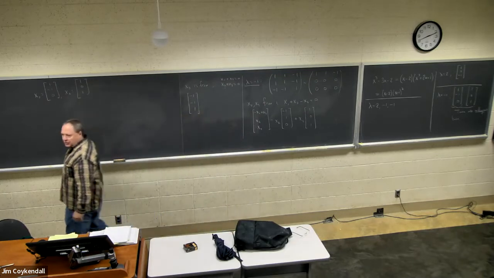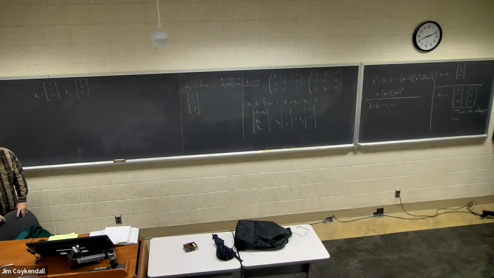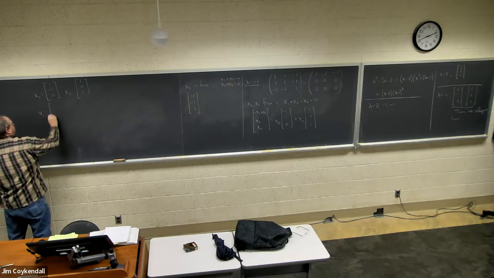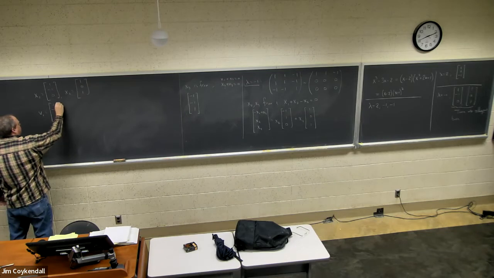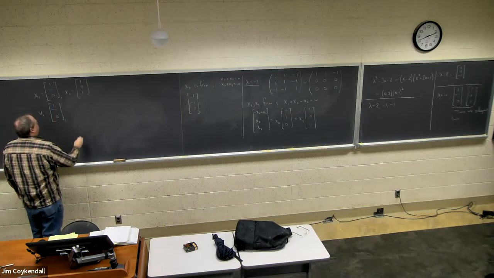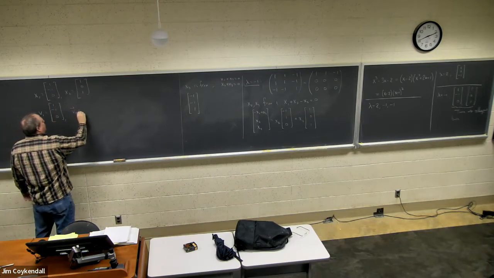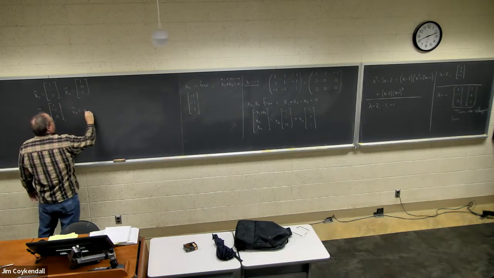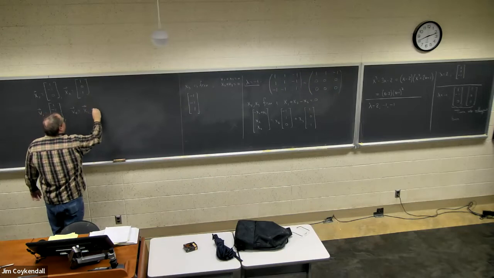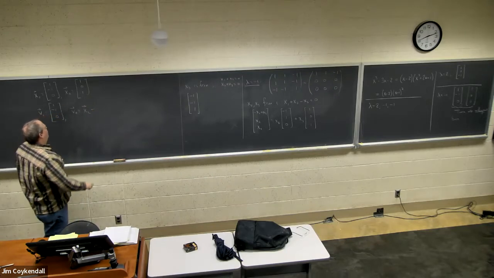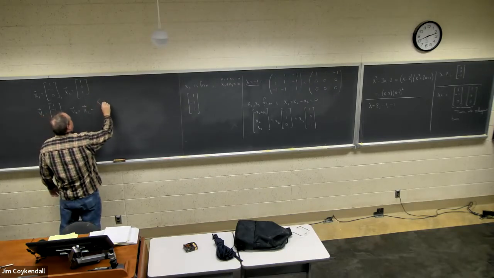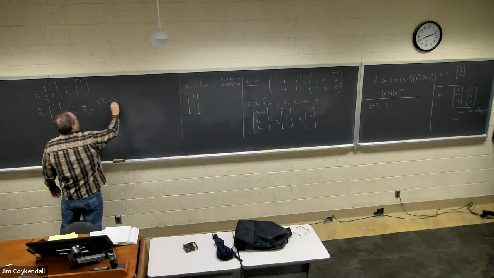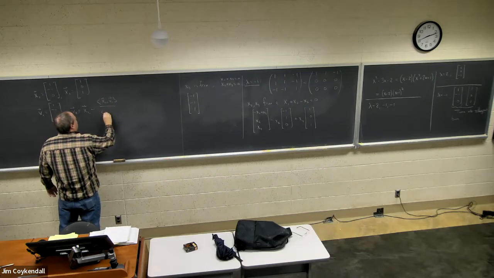I'm basically running one step of Gram-Schmidt, if you like. b1 is x1, and b2 is x2, but I have to subtract off the projection: the inner product of x2 and b1, over the inner product of b1 and b1, times b1.